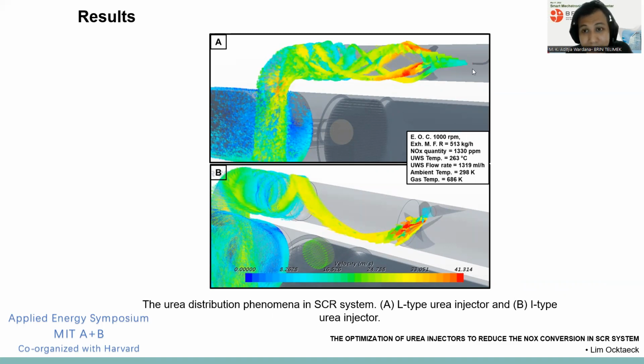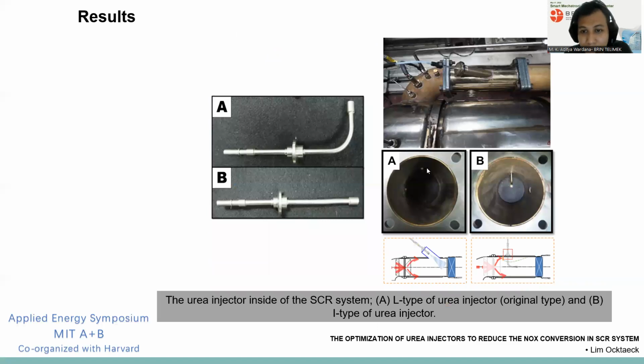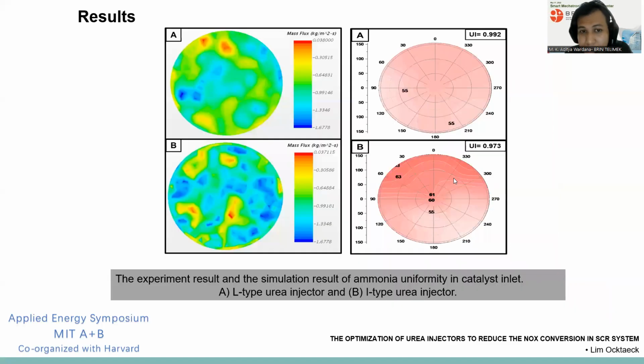However, for the quantity, I think the I-type is better. And this result is also similar, as we suggest that the I-type produces more ammonia than the L-type. As you can see in the figure, the L-type is positioned in the middle of the pipe, while the I-type is at the top of the pipe. So it is more easily affected by the temperature from the engine than the I-type.